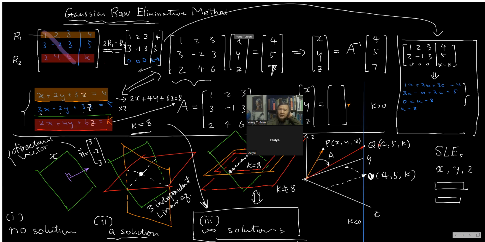Another constraint is that the determinant must not equal 0. That is another constraint. It's called the determinant. Do you remember? Determinant.